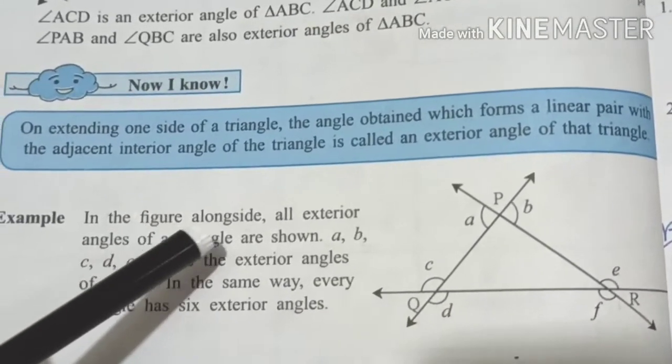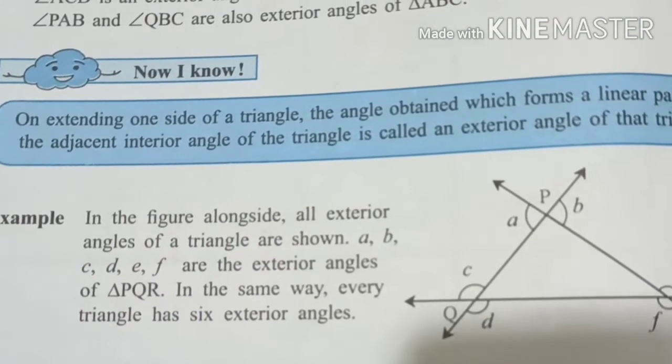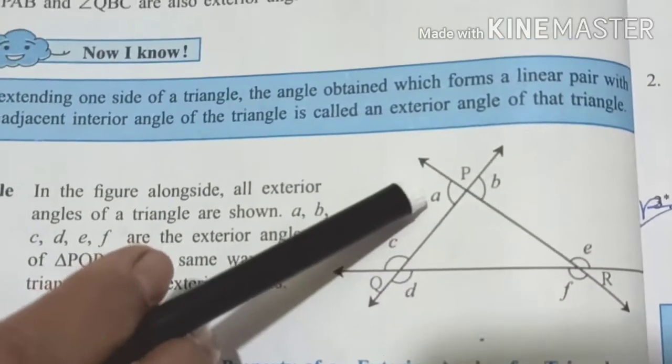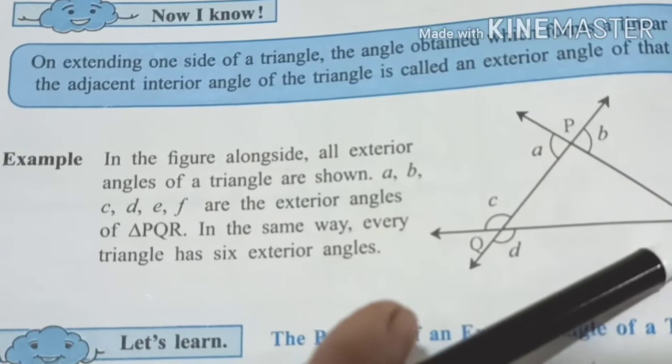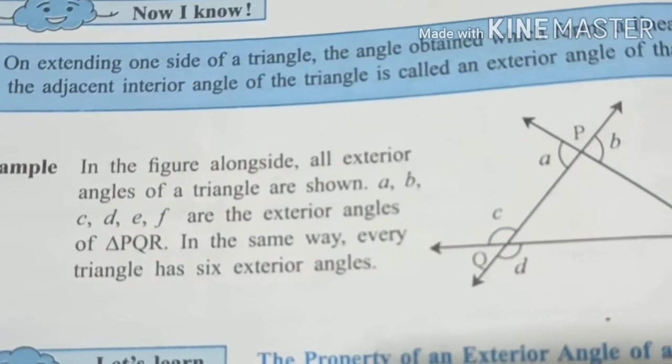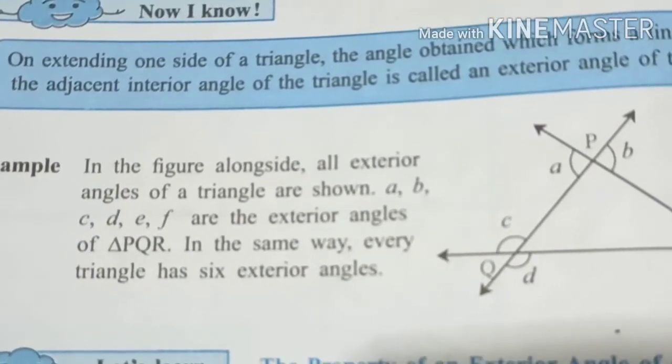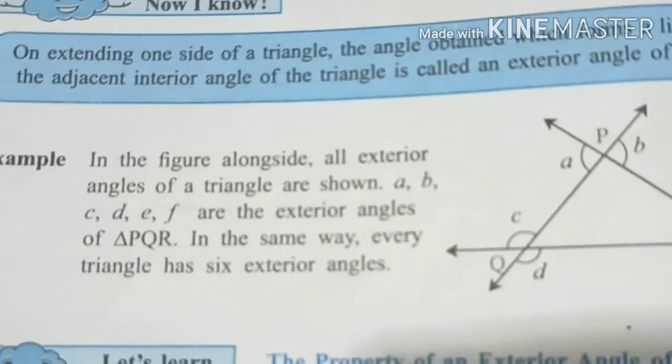In this figure, all the exterior angles of the triangle are shown. Angle AB, angle CD, angle EF are exterior angles. So each triangle has 6 exterior angles.